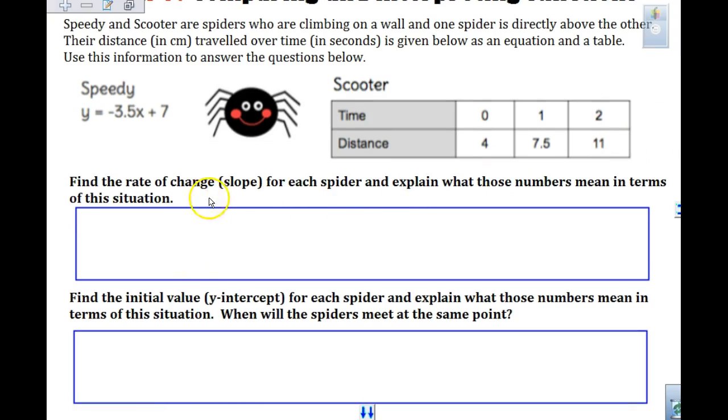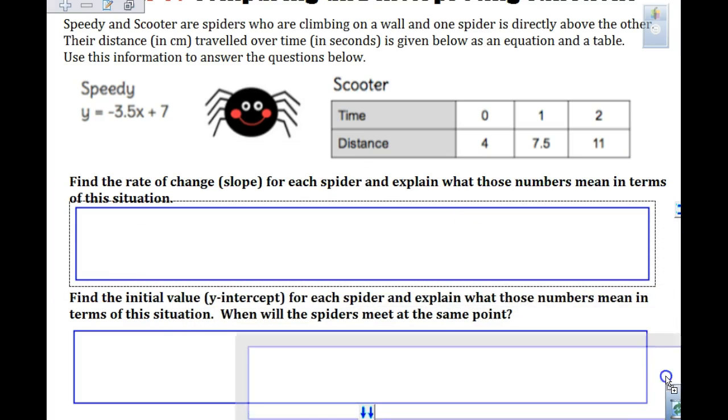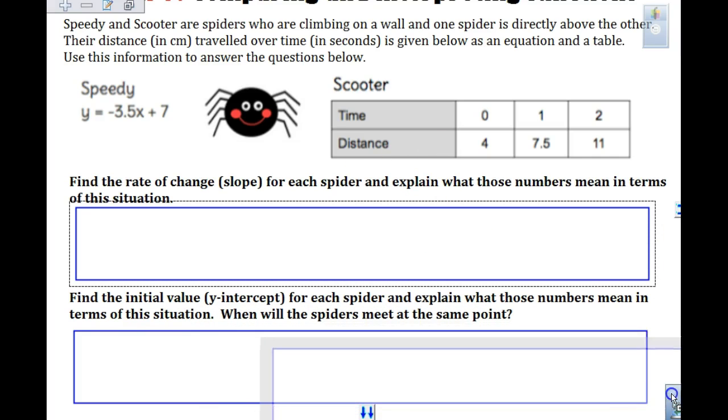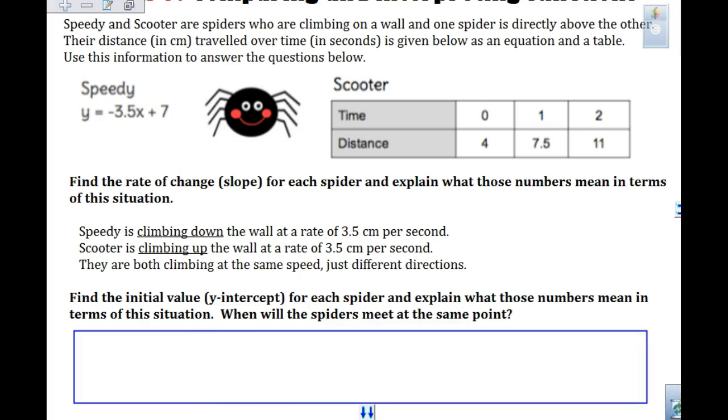So the first question says, find the rate of change of the spider and explain what those numbers mean in the equation. Speedy's is what? Negative 3.5. And Scooter's is what? Positive 3.5. One of them is going up, right? One of them's going down the wall, right? They both have a slope of 3.5. It's just that one has a negative.